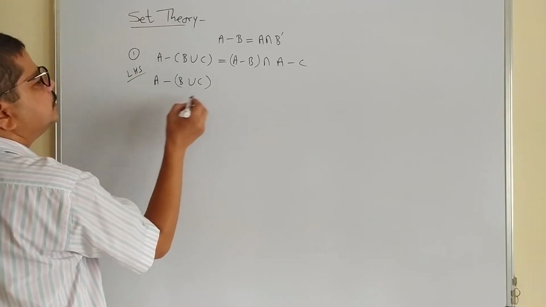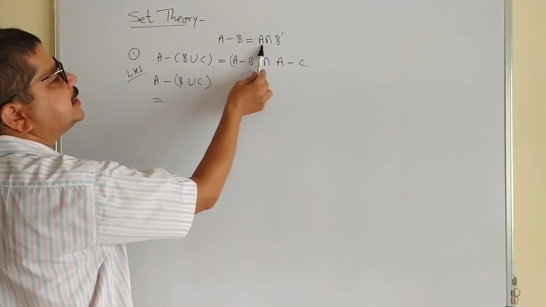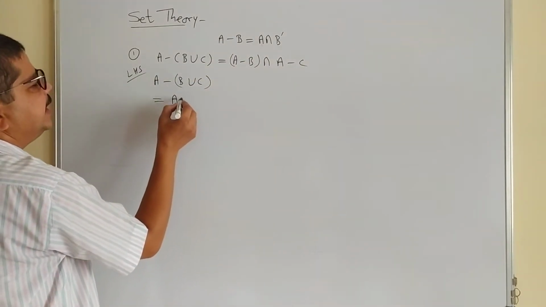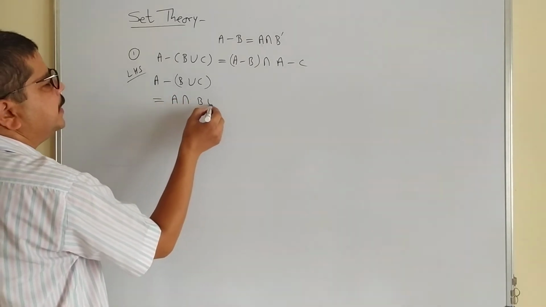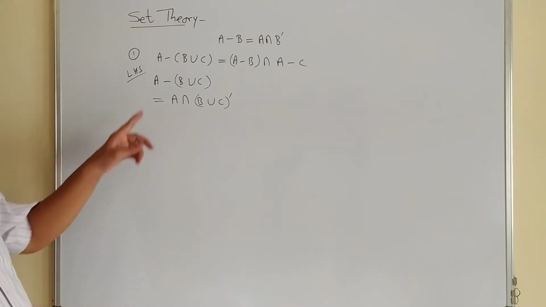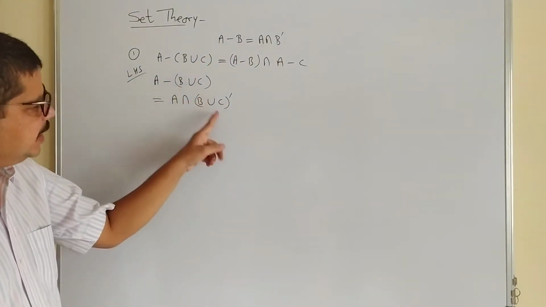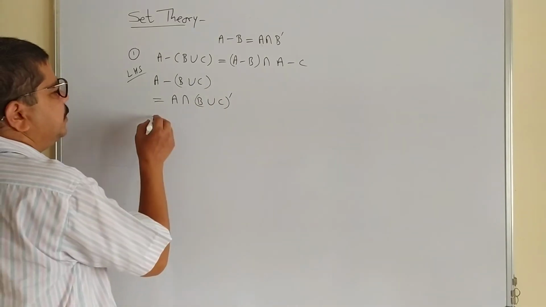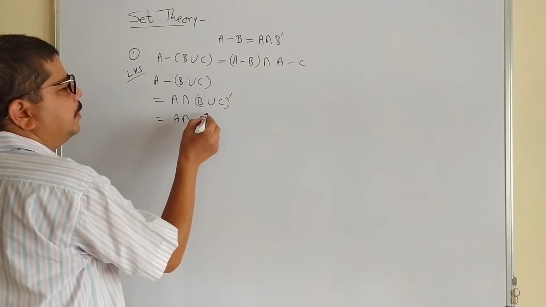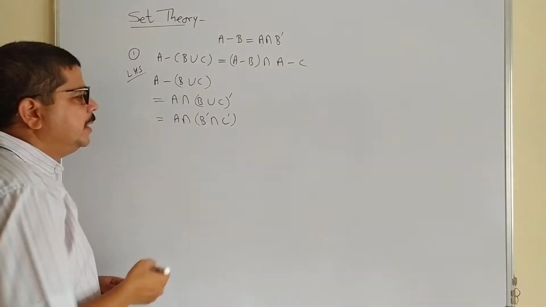Taking this, that can be written as, using this identity, A minus B is A intersection complement of B. So this can be written as A intersection B union C complement. Now as we know that B union C complement is complement of B intersection complement of C. What is this?